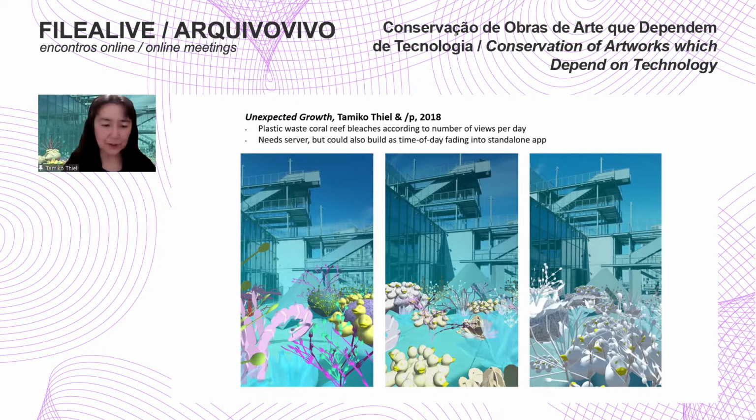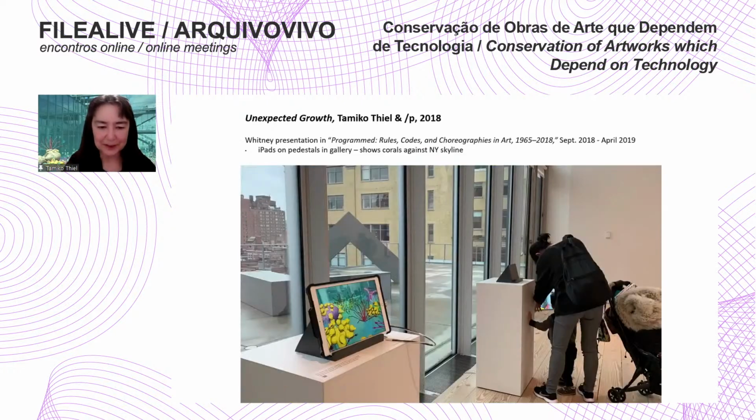So that's a server component, which of course, as you probably know, is a little bit more difficult to maintain, but it's really just a simple concept. It just has to say, okay, how many people have downloaded the app, and then send me a percentage to change the color. So that could be very easily duplicated, even if the current server we're running doesn't work.